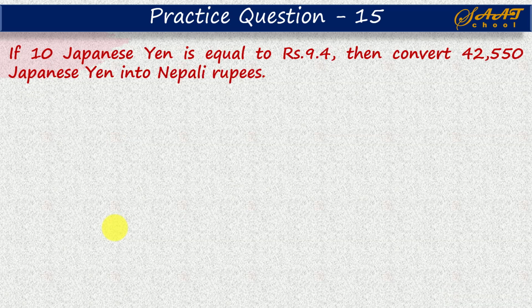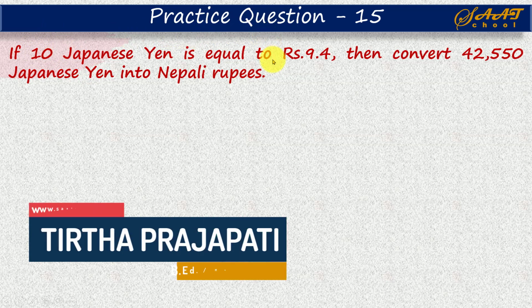Now here is practice question 15. The question is: if 10 Japanese yen is equal to Rs 9.4, then you have to convert 42,550 Japanese yen into Nepali rupees. So as we did in practice question 14, where we changed Nepali rupees into US dollars, now here you have to change Japanese yen into Nepali rupees.